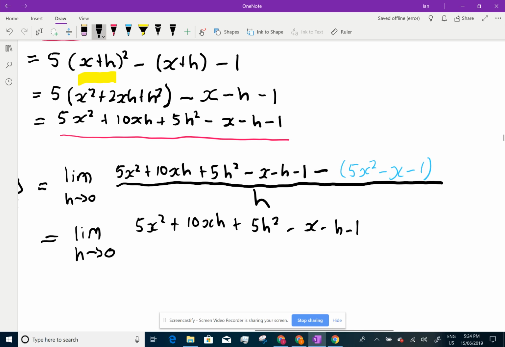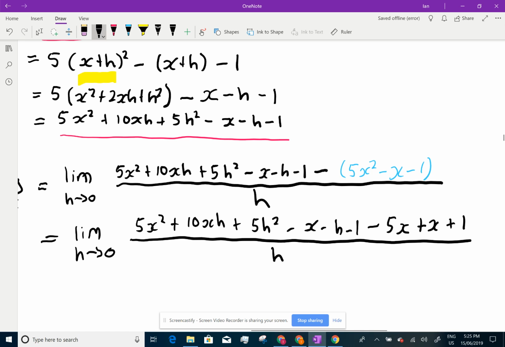Now, I'm going to get rid of these parentheses, so it's minus 5x squared minus minus x plus x minus minus 1 plus 1 all over h. Now, watch what happens to all the things that don't have h in them. The 5x squared and the 5x squared, and that should be a square there, sorry. They go.